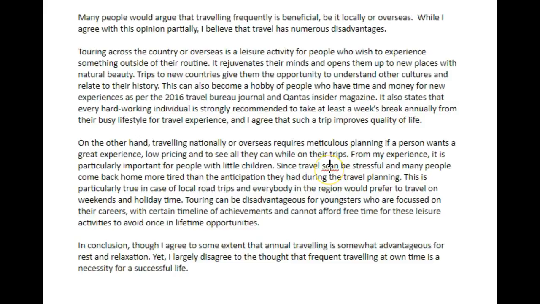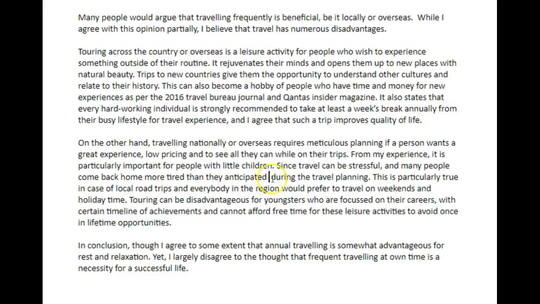Since travel can be stressful, and many people come back home more tired than they anticipated. And since travel can be stressful, and many people come back home more tired than they anticipated during the travel planning.